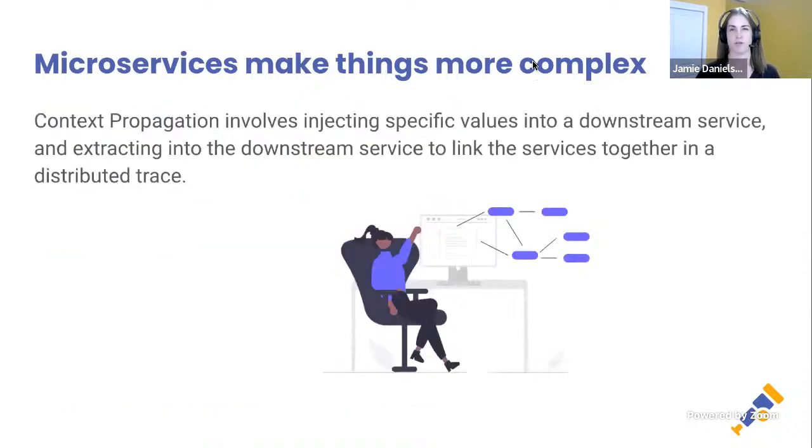So one of the important things with observability is called context propagation. Essentially, that allows you to follow that request from service to service because it's not all in one place. It involves injecting values into your downstream service and taking them out so that you can link those services together when we get into what's called distributed tracing.